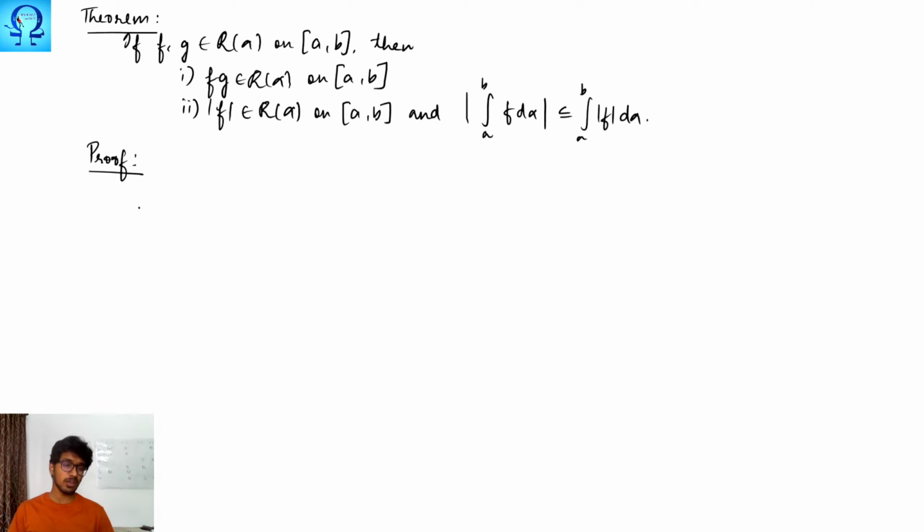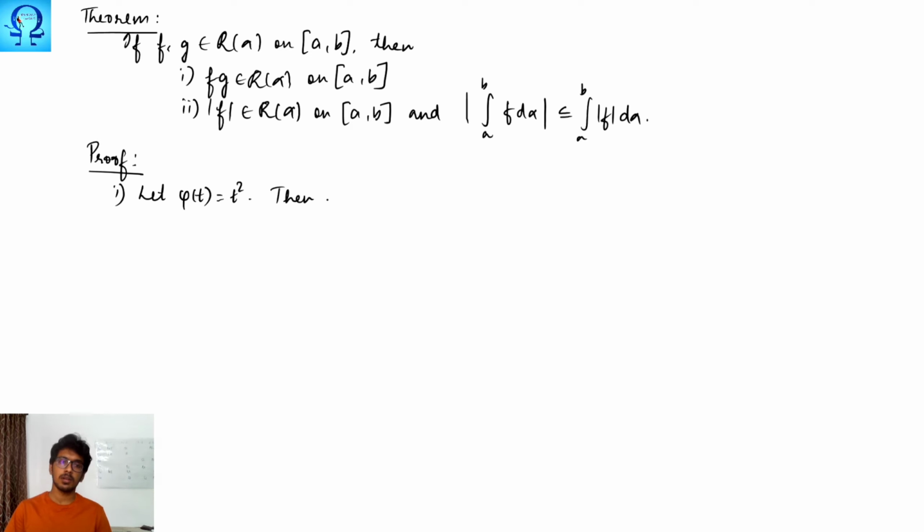So for this, we'll make use of a few of the previous results. Initially, to prove the first one, let us take phi of t to be t squared.